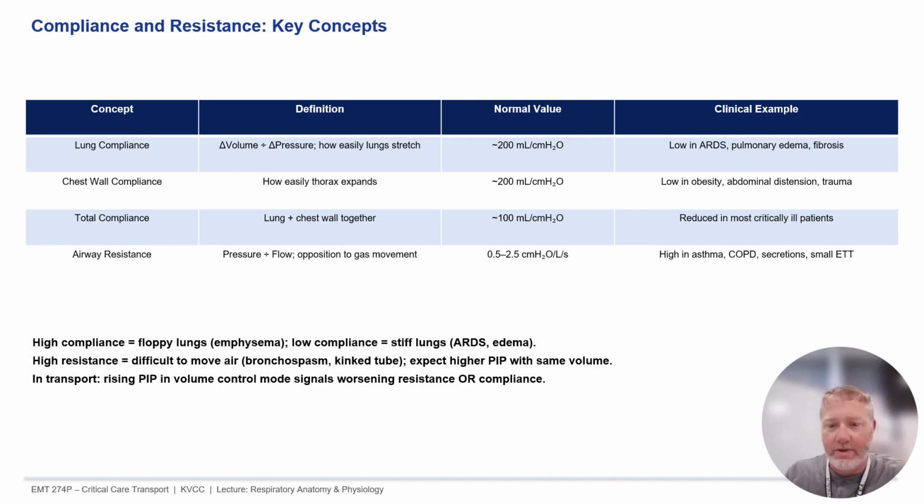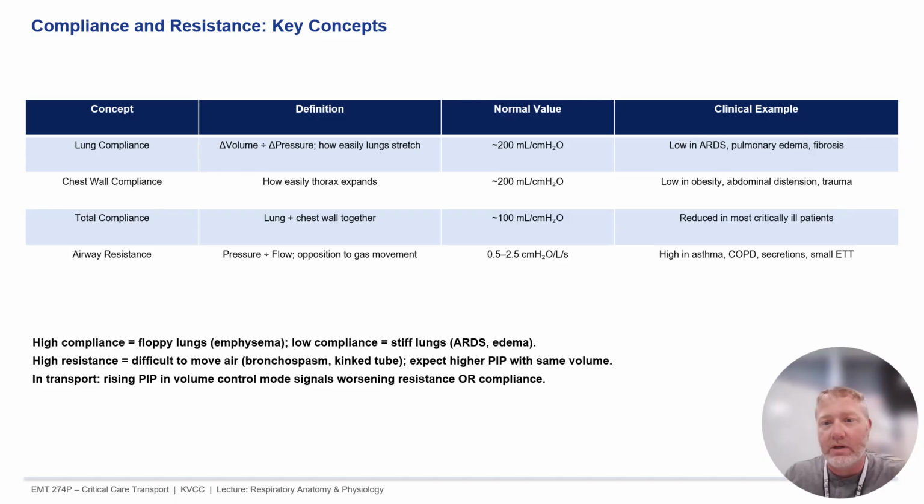Resistance, on the other hand, describes the opposition to airflow in the airways. Resistance increases with bronchospasm, with secretions, with kinked tubing, with water in the tubing, anything in the airway, anything in the tube, a narrow endotracheal tube.